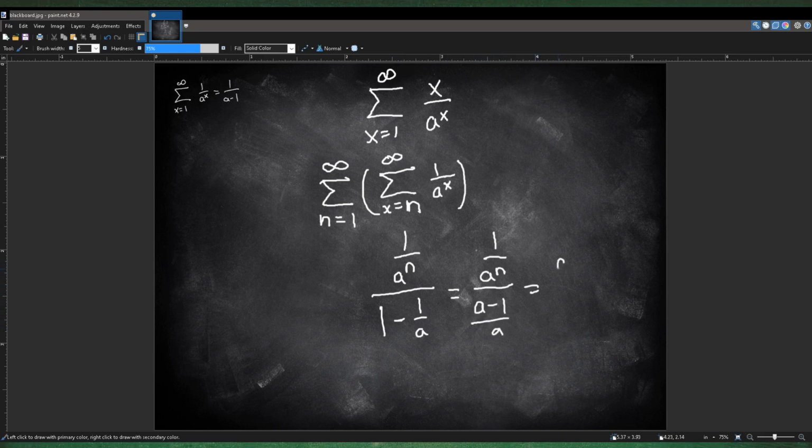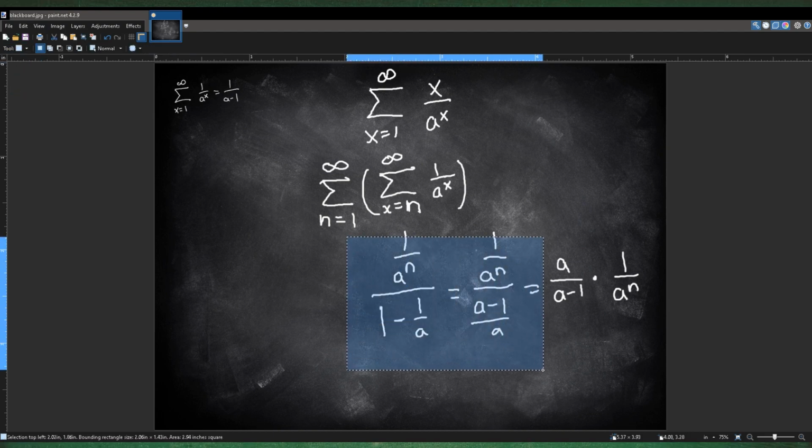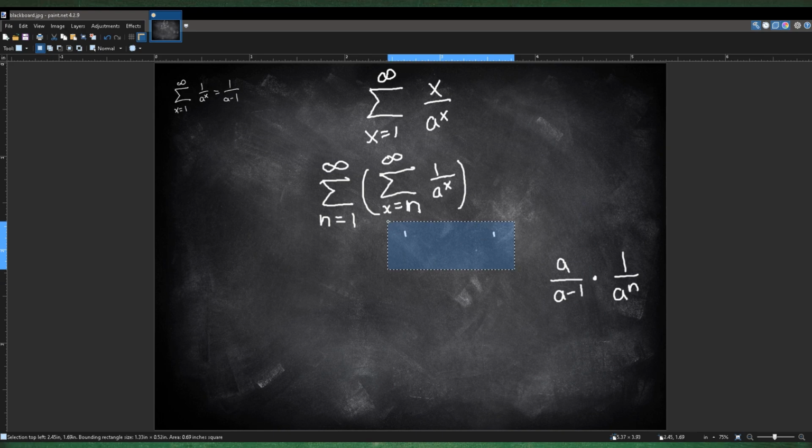So that would just be a over a minus 1 times 1 over a to the power of n, right? I just moved that denominator to the numerator, because dividing by a fraction is multiplying by its reciprocal. And then I just moved that out of the numerator. So that gives us this formula. Let's delete this part because we don't need it.